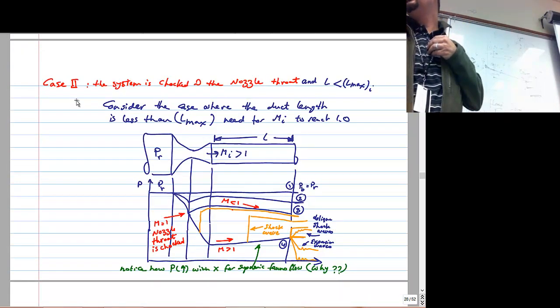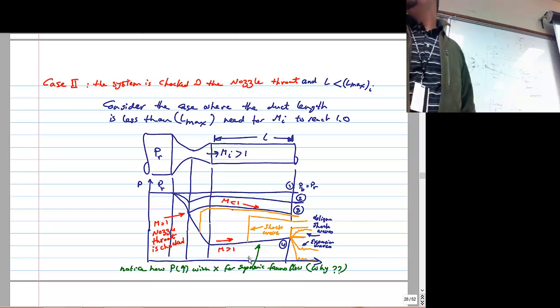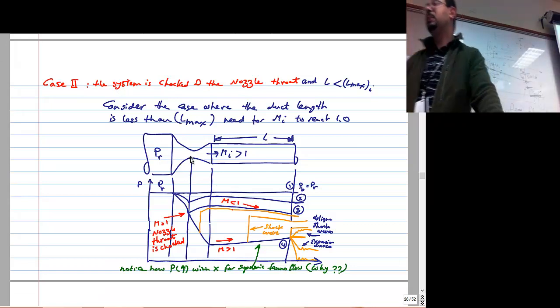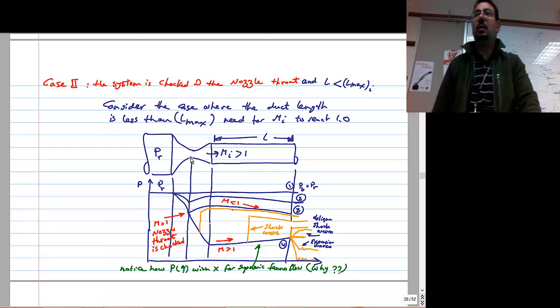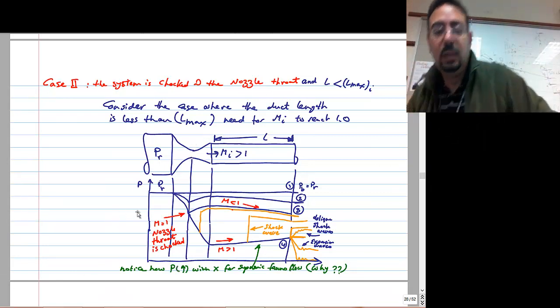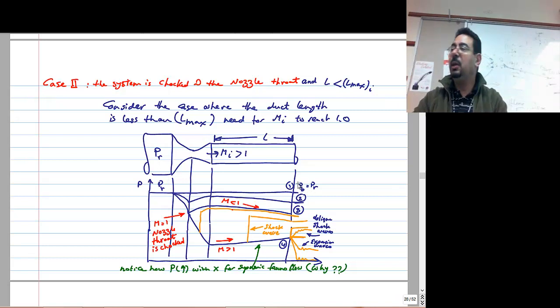And the second case is the short duct. So now here is a short duct connected to a convergent-divergent nozzle. So what happened? Here are the different scenarios. First of all, the trivial solution, P back equals P naught.